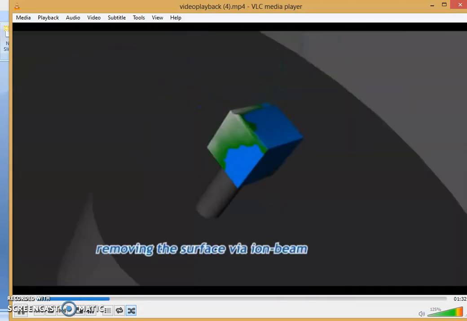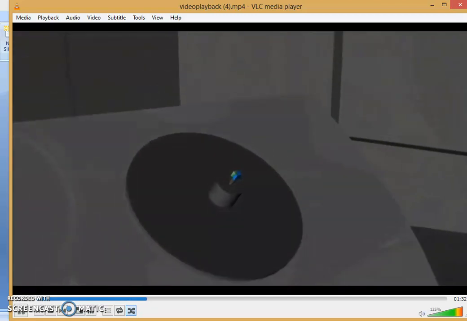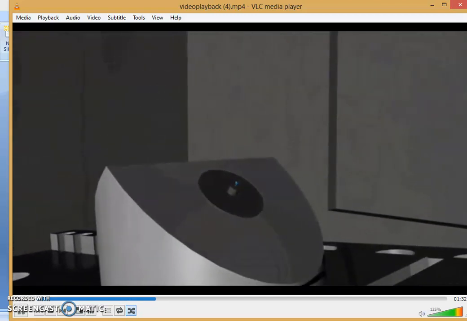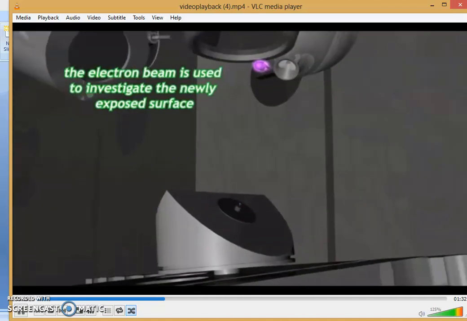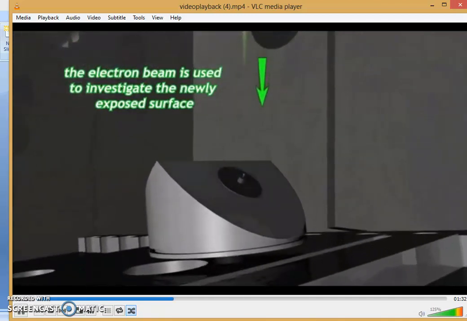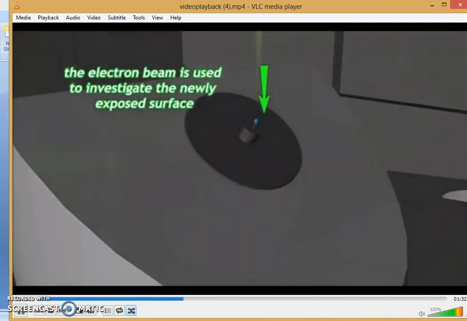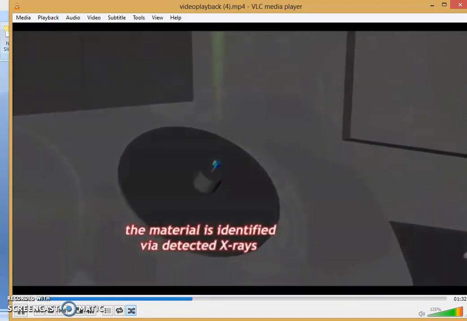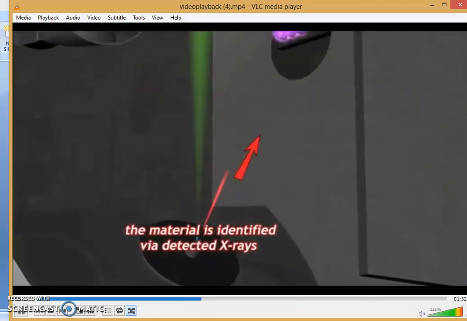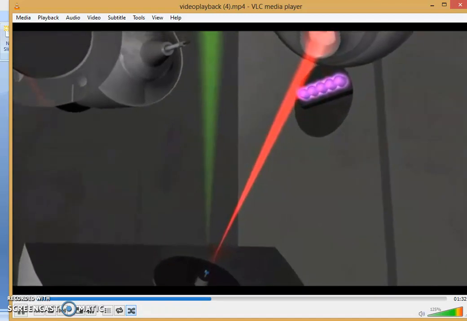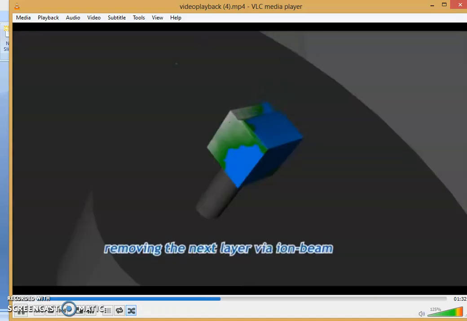You can identify the ion beam is incident over the surface of the workpiece, and after hitting the workpiece surface, sputtering of material will take place, and we can identify from another location an electron beam is incident over the surface for investigation of the surface, whether the range or level is achieved or not. Until the level is achieved, the process continues.